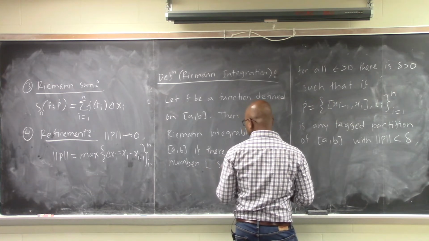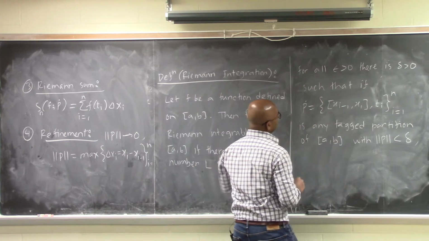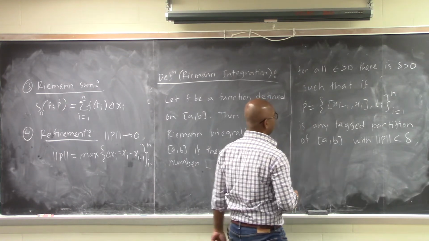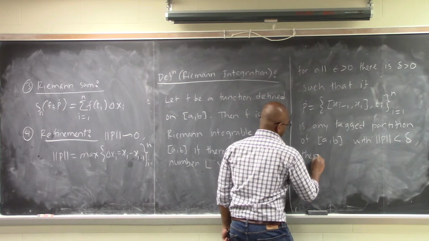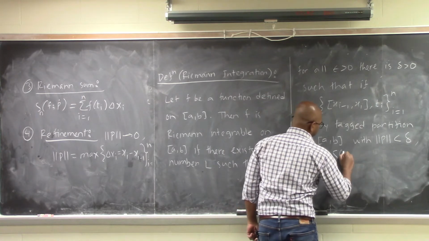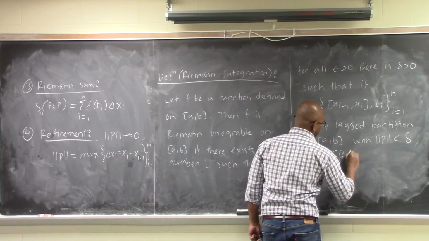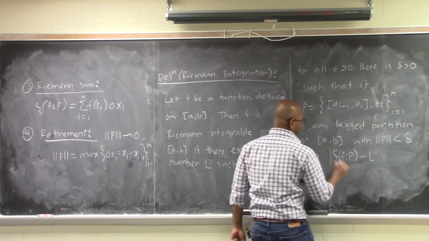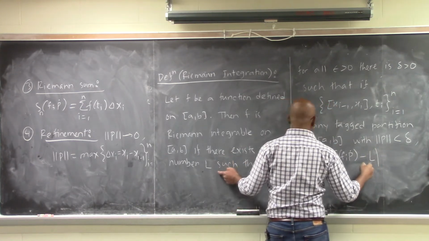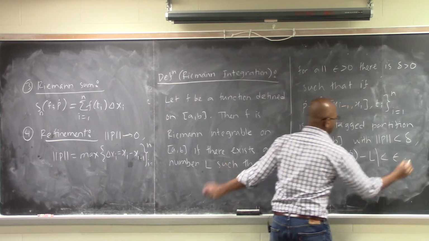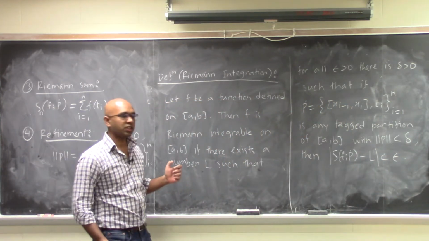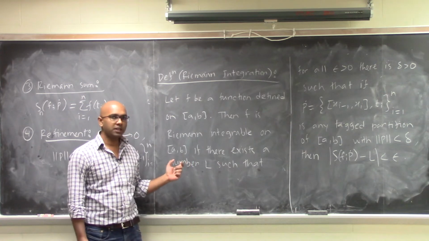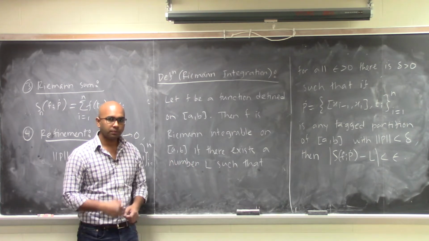So if there is L such that for all epsilon greater than 0 there is a delta such that if this happens, then the Riemann sum corresponding to this tagged partition has distance from the number L less than epsilon. That's the definition of Riemann integration of a function.